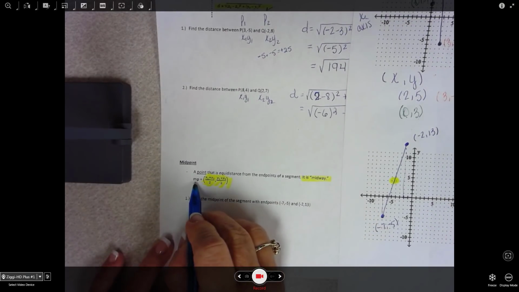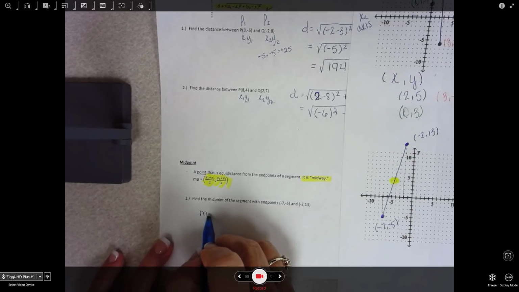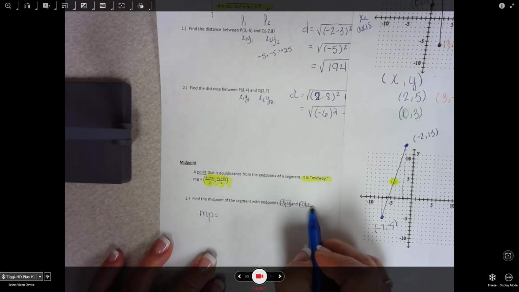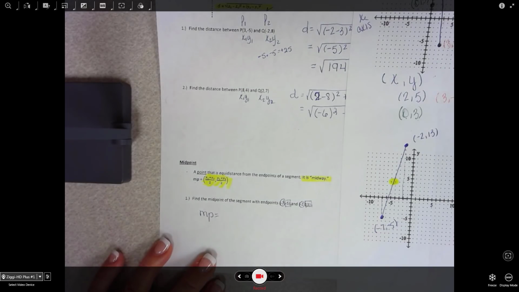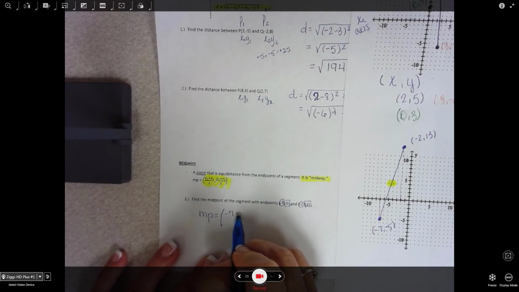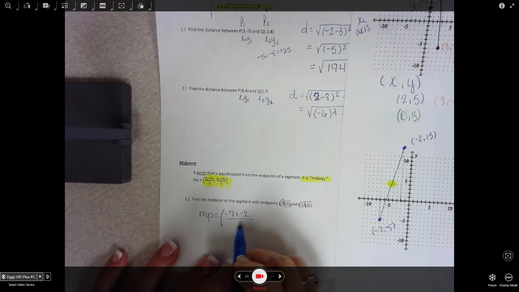So according to the midpoint formula, add our x's together and then our y's together. So you're finding the average of the x's and the average of the y's by dividing both by 2. Negative 7 plus negative 2 divided by 2.